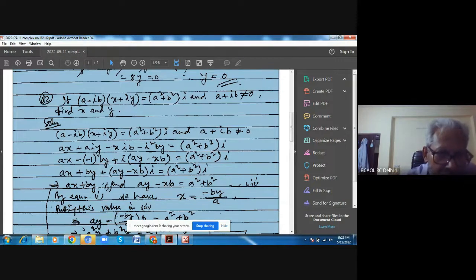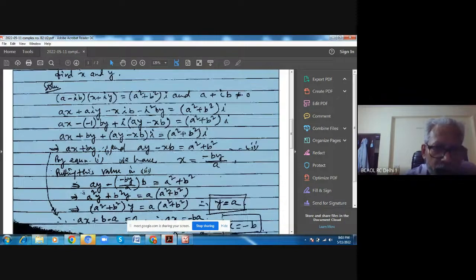So now all these are applied here. Then finally you have to make two equations: one equation and another equation. There are two parts. So ax plus by is one part, and ay minus xb, with iota, the imaginary part, is another part.